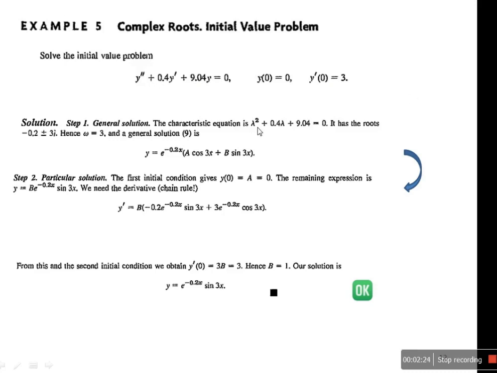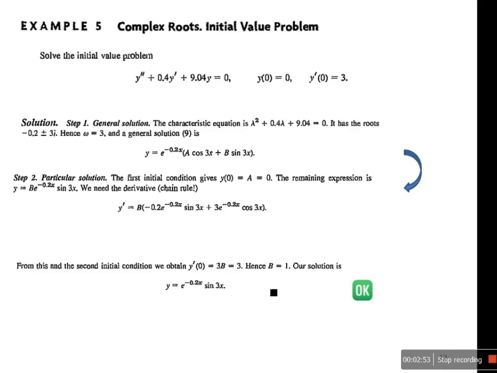Now the characteristic equation is lambda squared plus 0.4 lambda plus 9.04 equal to 0. So the roots are lambda 1 and lambda 2. Lambda 1 is equal to minus 0.2 plus 3i and lambda 2 is equal to minus 0.2 minus 3i. Omega here is equal to 3.